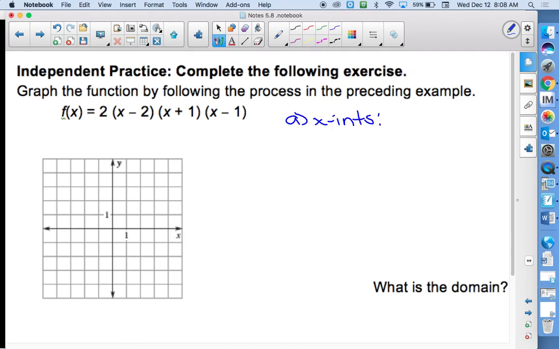So that's step one. So Maddie, what would our x-intercepts be? So if you look at the 3 parentheses and solve the 3 parentheses, what would the x-intercepts be? 2, 0, negative 1, 0, and 1, 0. So those are our 3 x-intercepts. After you find them, graph them. So you have a physical graph to look at, because the next thing we need to do is to get some extra points. So 2, 0, 1, 0, negative 1, 0.